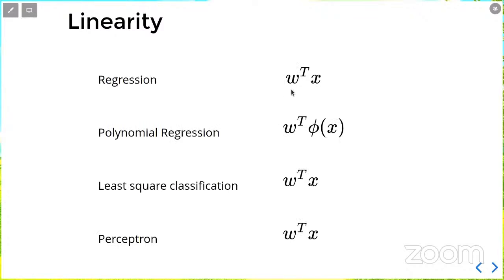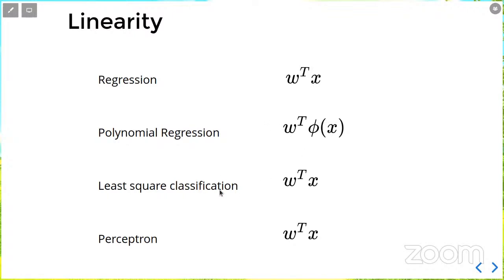In regression, y was equal to w transpose x directly, right? In polynomial regression, we just transformed this x into phi of x and then did w transpose phi of x. But essentially, that is also linear only, right? In the transformed space, it is linear.